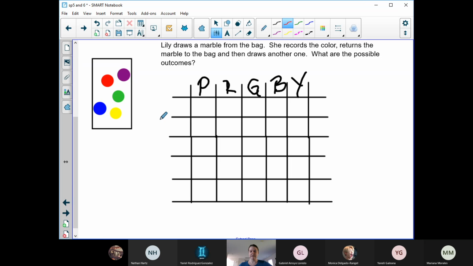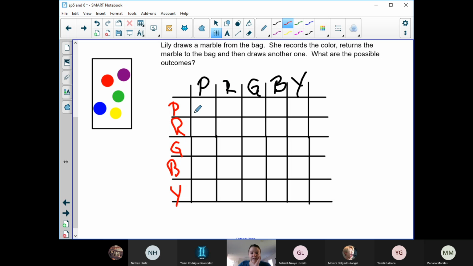What colors does she have available for her second draw? It would be the exact same colors. She would still have purple, red, green, blue, and yellow.